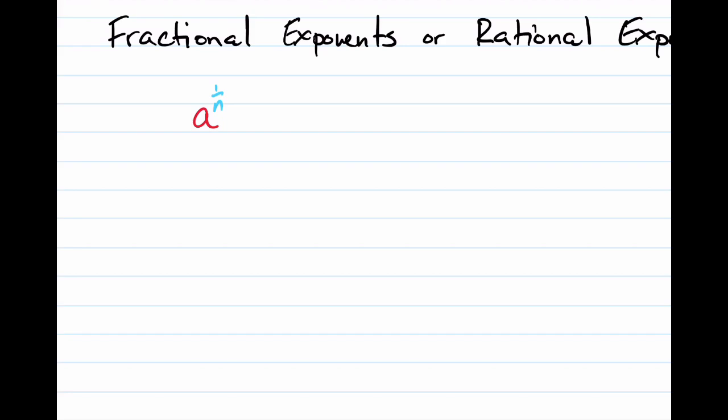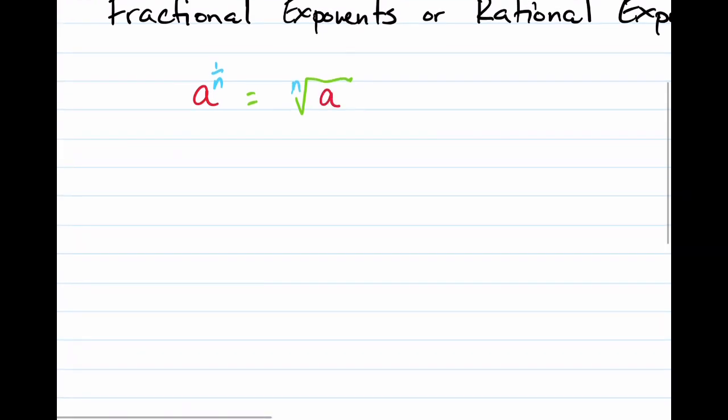Let's write this in green. So all this means is we are going to take the nth root of a. So if we had a raised to the power of 1/2, it would simply be the square root of a.